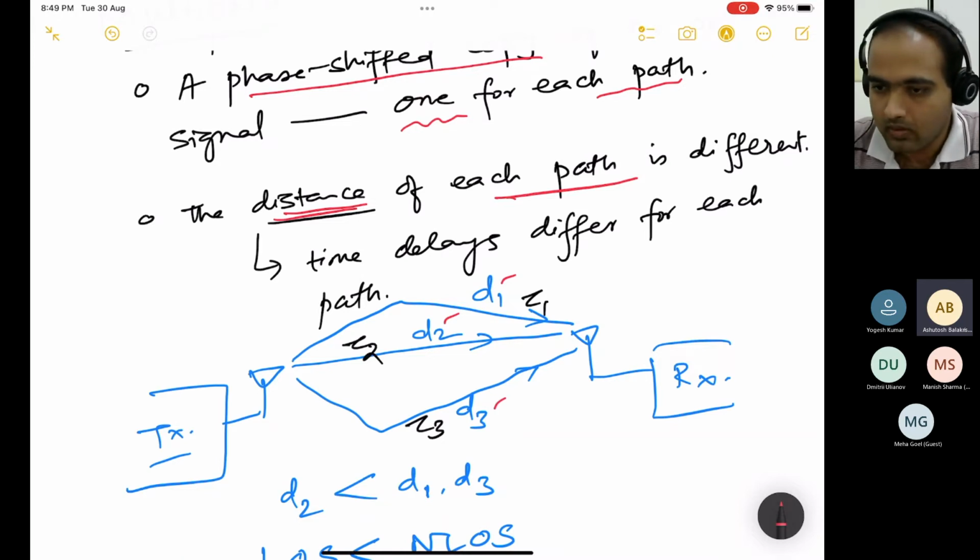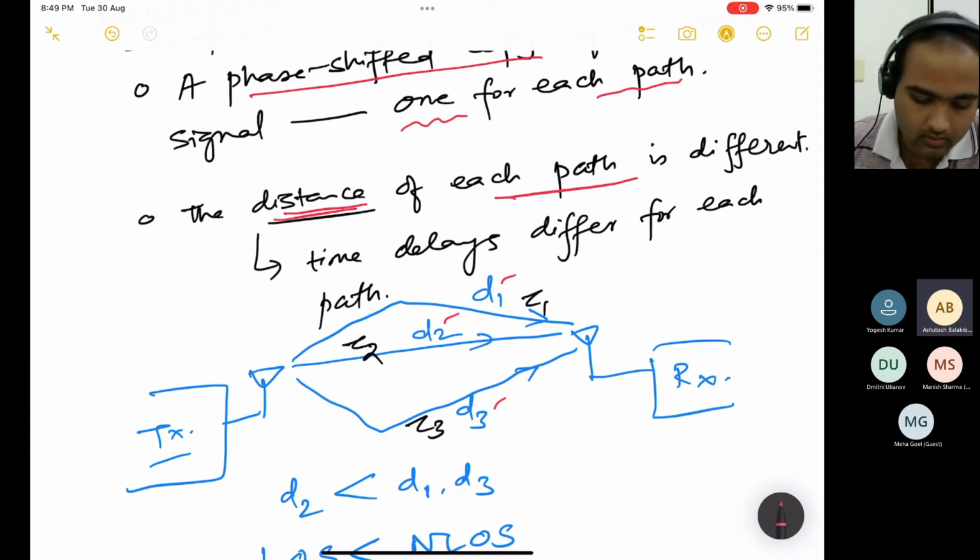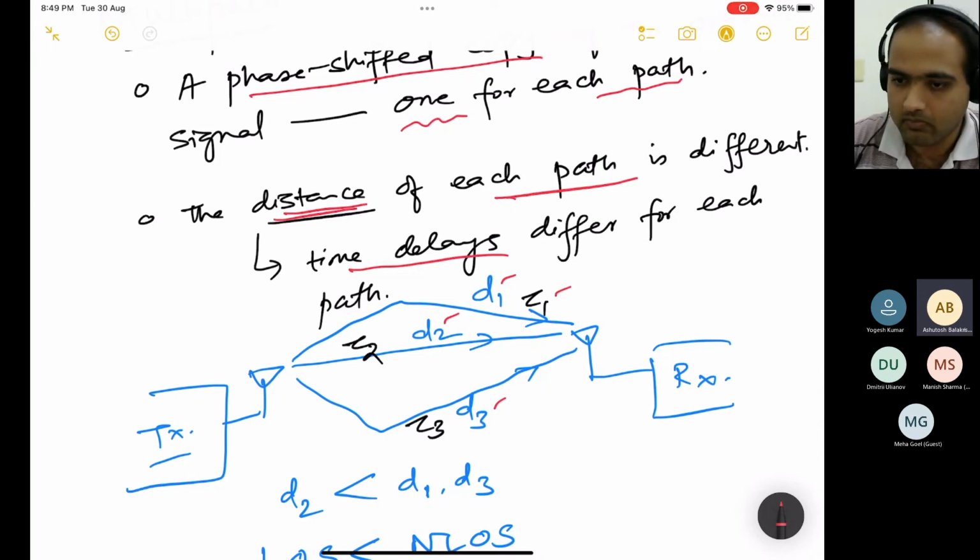And due to the very different distances of each path between the transmitter and receiver, the symbol will have different time delays, right?